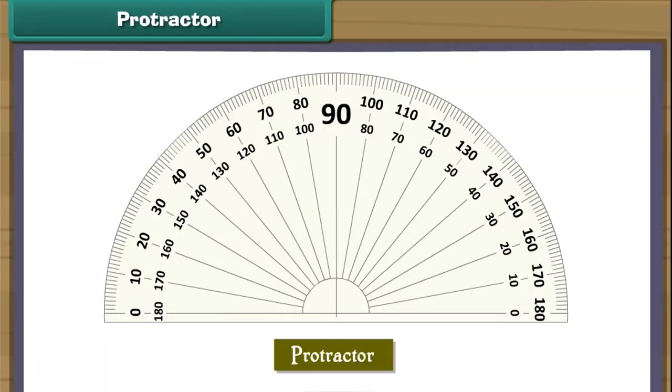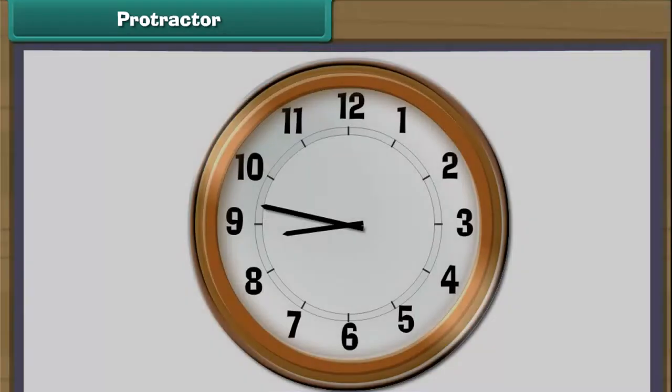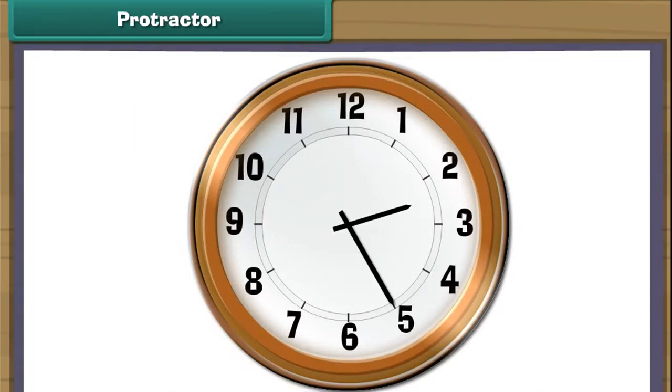Protractor. Protractor is a semicircular geometric instrument. It has degrees marked on it from 0 to 180. Let us measure the angles made by the hands of a clock with the help of a protractor. This clock shows the time as 3. The long hand of the clock is on 12, and the short hand is on 3.